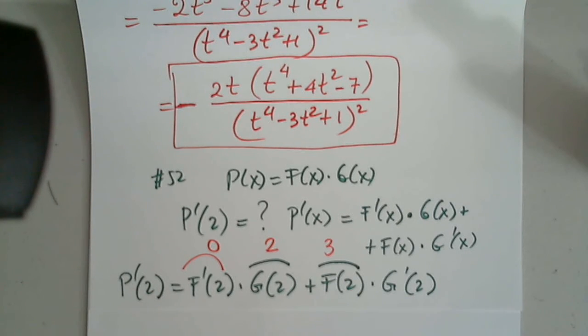So here's the point. What am I asked to find when I'm asked to find g prime of 2? The same thing. I'm asked to find the slope of the tangent line to the graph of g at that point. So remember how we do this. This is a straight line. It's a linear function. I will try to find a triangle.